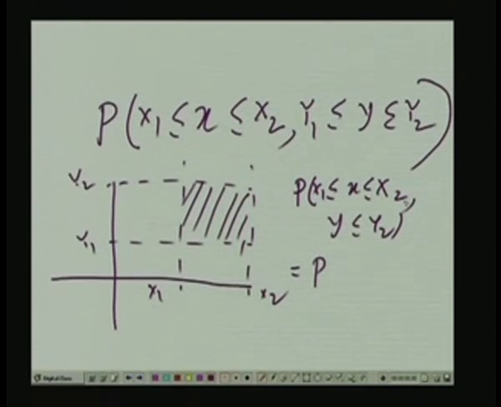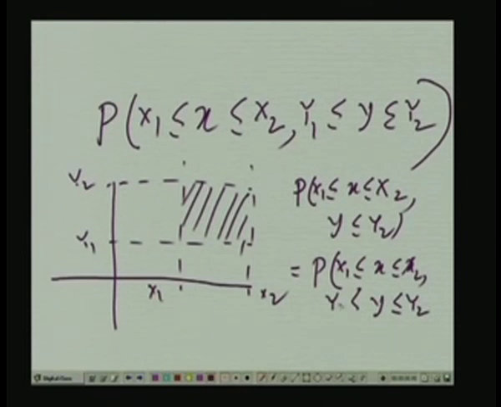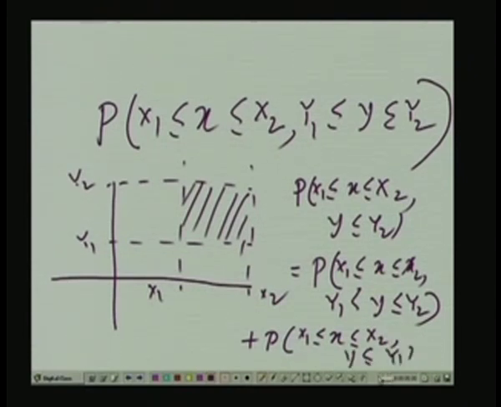One is this box, another is the box below. In the other case, y2 greater than y1, the first component remains as it is, and y less than or equal to y1, obviously.